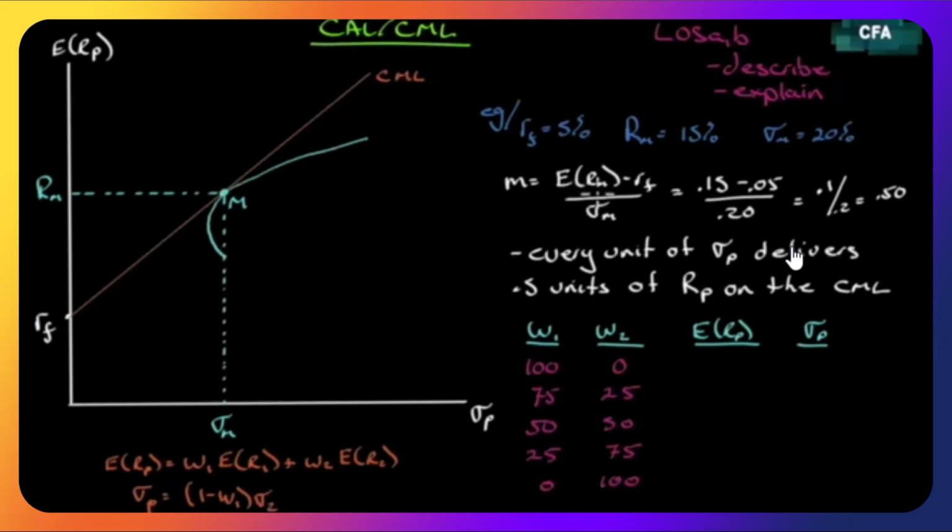So the expected return on the market minus the risk-free rate divided by the standard deviation of the market gives us 0.15 minus 0.05 over 0.2, or 0.5. So what does this mean? How do we interpret this? Let's be clear about this first. That means that if we increase the portfolio risk by 1 unit, the return would increase by 0.5 units.